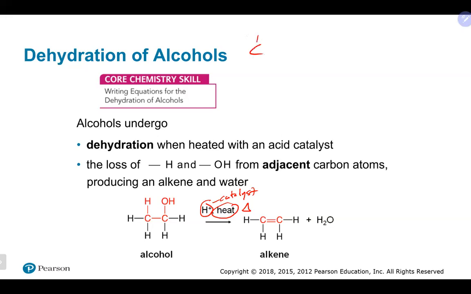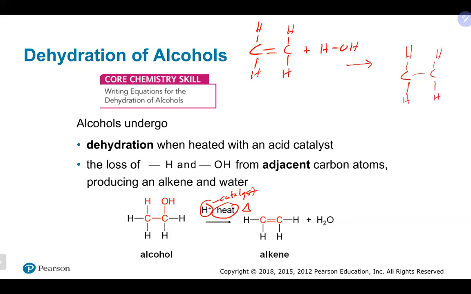So to review, when we have an alkene, we could think of adding HOH as water. We make our double bond into a single bond.